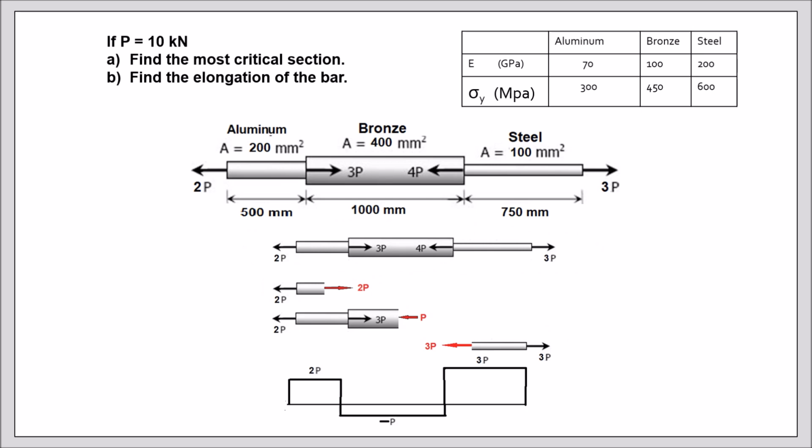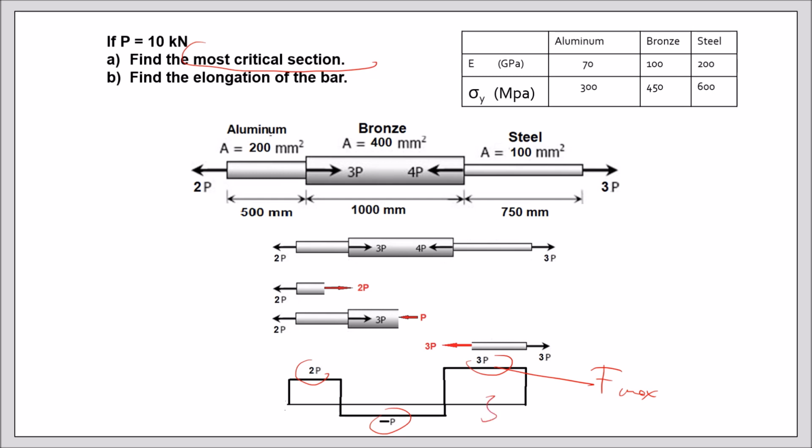The internal force diagram, you see 2P, 3P, minus P. It seems that the maximum load is here, but we cannot say that the most critical section is region 3. Why?